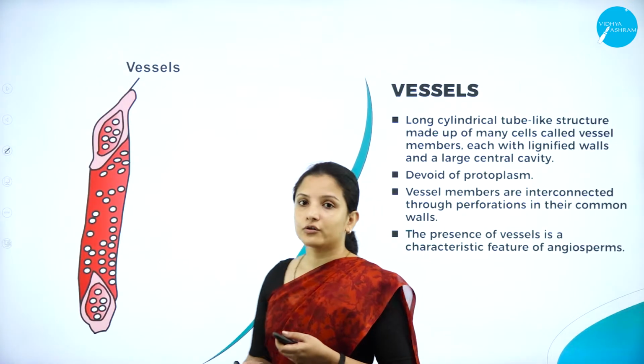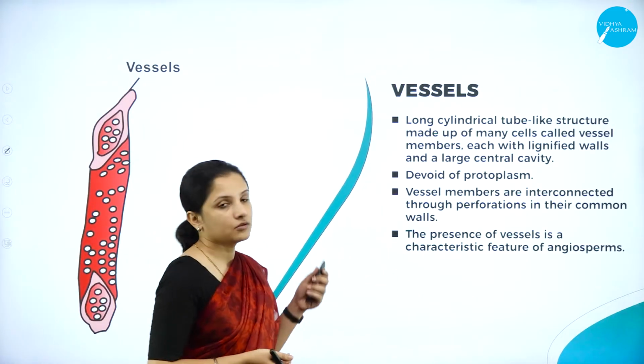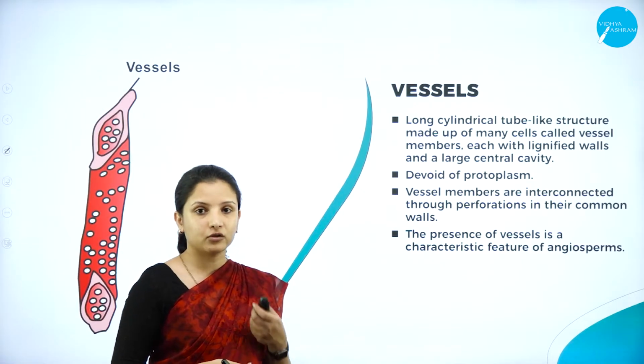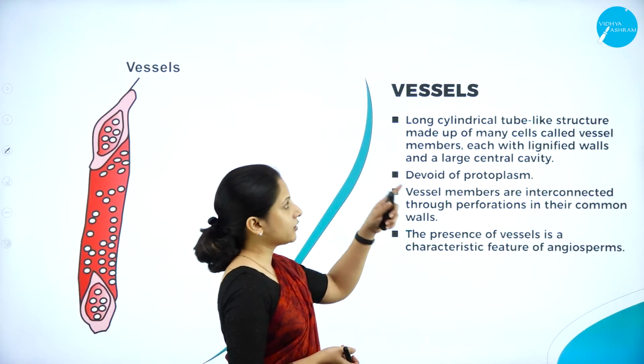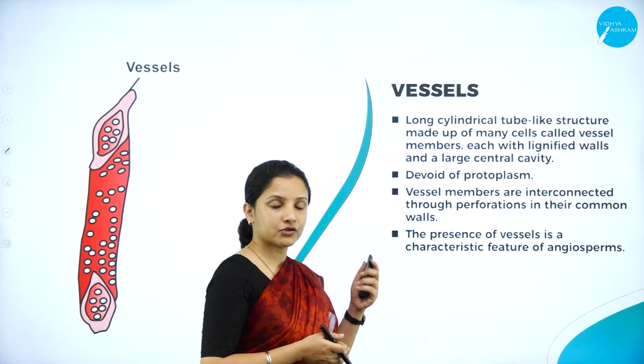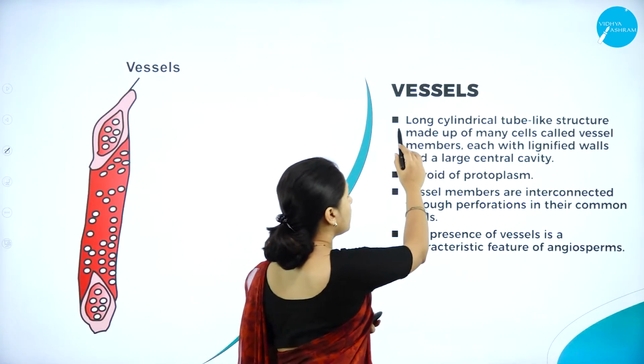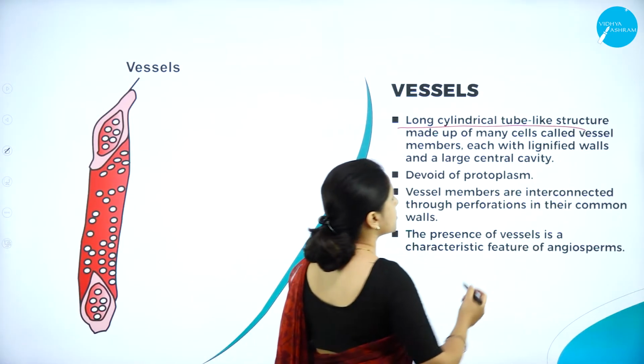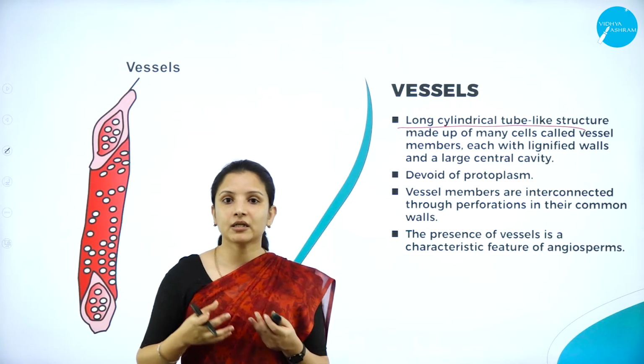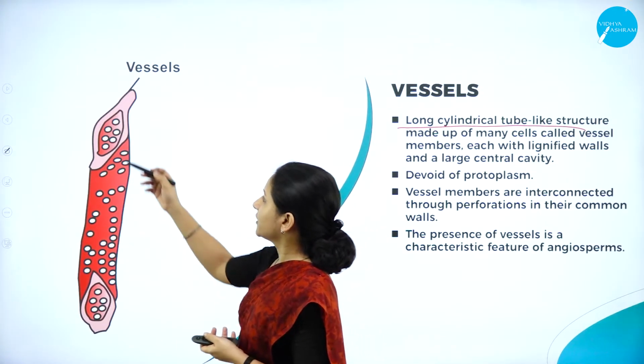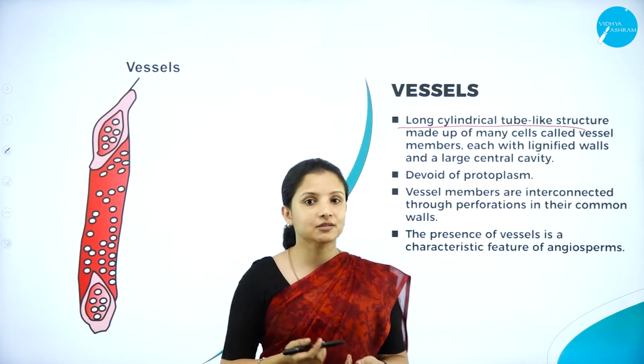So next, moving on to the xylem vessels. Vessels are also one of the elements of xylem. Just like the tracheids, they are long and cylindrical tube-like structures, and they are made up of many cells called vessels.